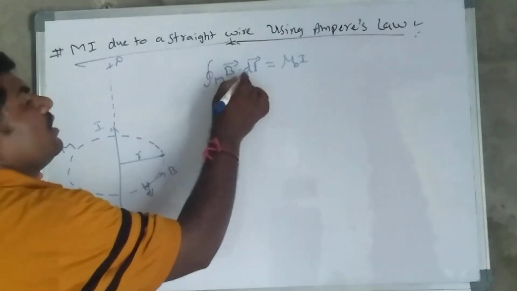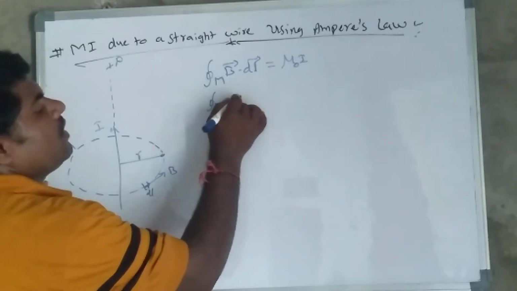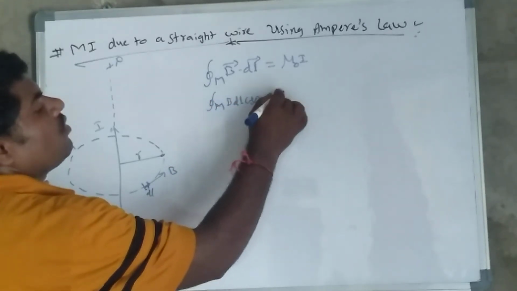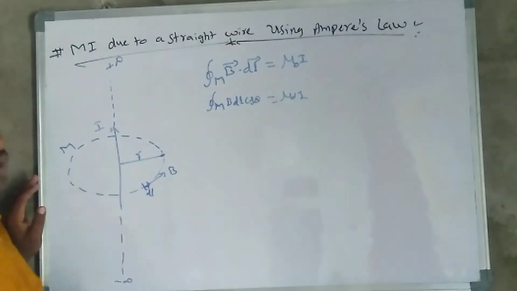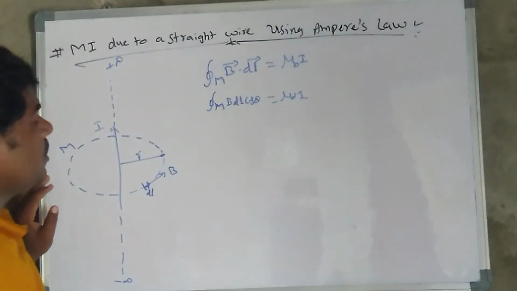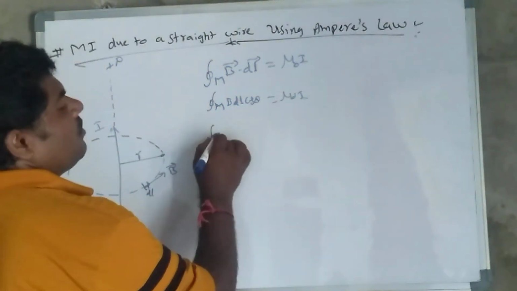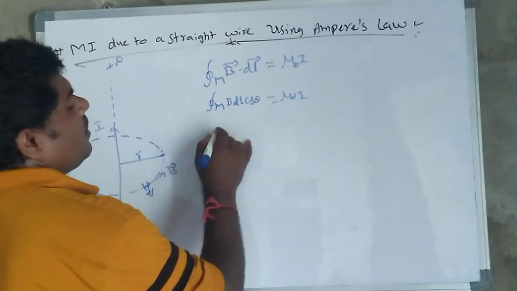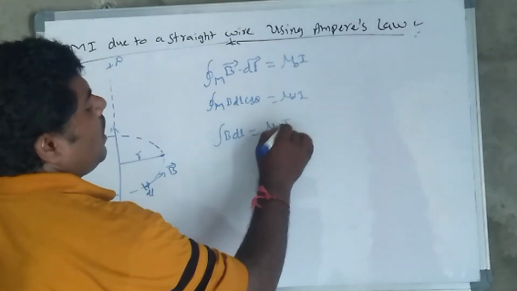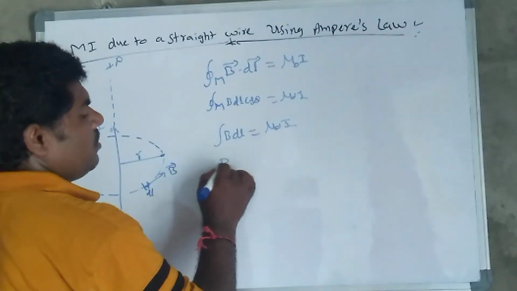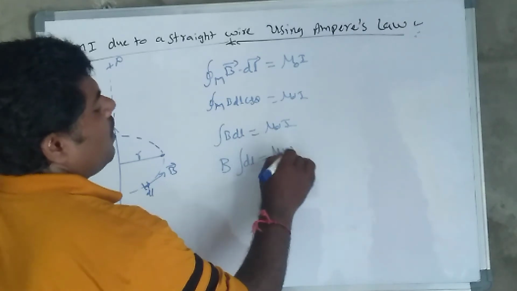So the closed integral of B dl cos theta is equal to mu naught I. Here theta becomes 0 because both are parallel, the dl direction and B direction are the same. That's why the integral of B dl is equal to mu naught I. B is constant, so you may take it out of the integral, leaving dl, and mu naught I.